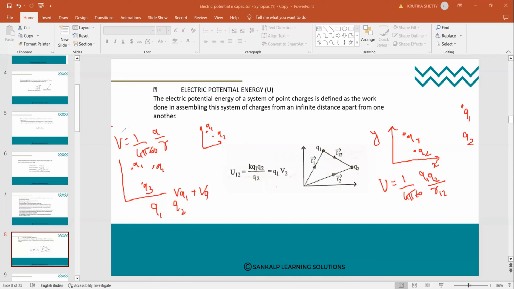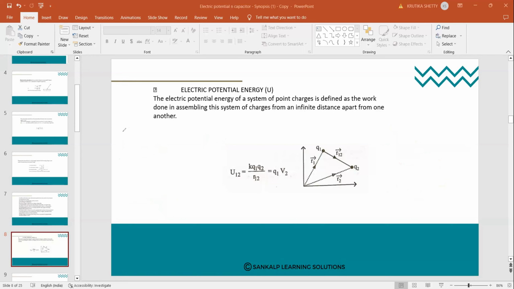So for a system of 3 charges, the electric potential energy is given by 1/4 pi epsilon naught into bracket q1 q2 upon r12 plus q1 q3 upon r13 plus q2 q3 upon r23. So this is for 3 charges.